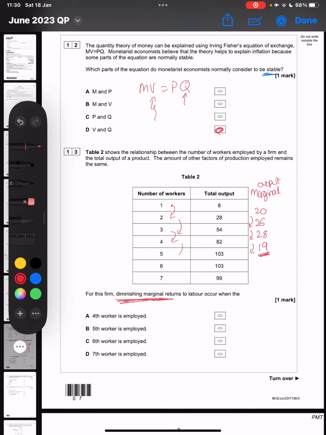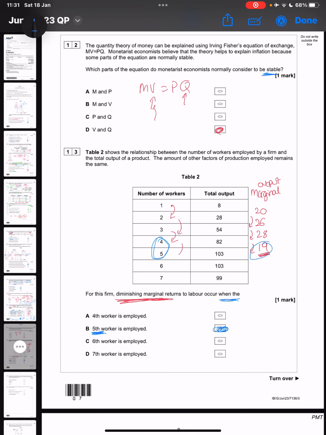So I think that is going to be the answer. Oops, sorry, I just have a notification pop up. So when we go from the 4th to the 5th worker, when we hire the fifth worker, the marginal output begins to fall. And so for me, that would be the answer.